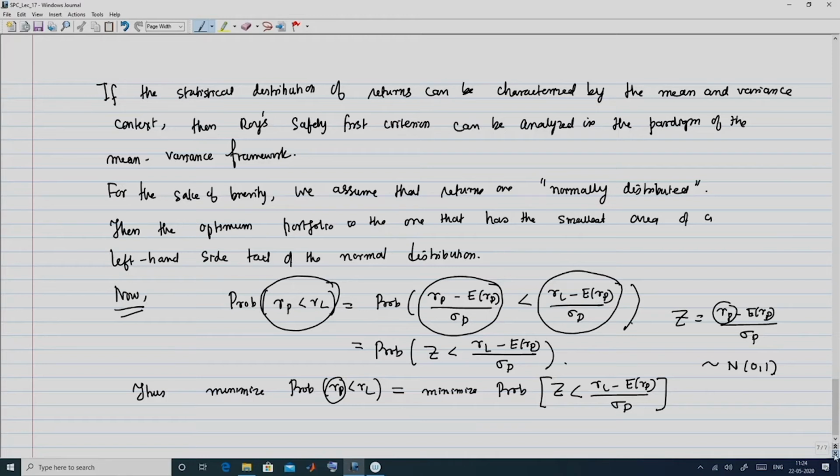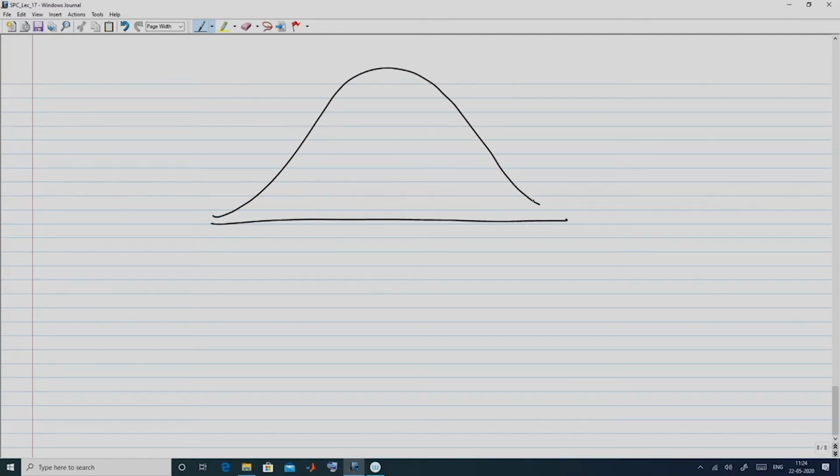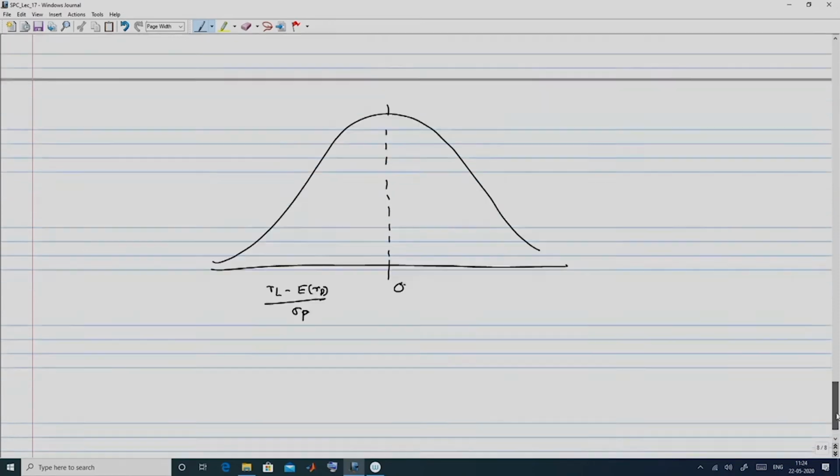All right. So, let us see this graphically. How is this going to look? So, I have this normal distribution. I have this here and this is 0, and on the x axis we have R L minus E R p over sigma p. So, this is my random variable.